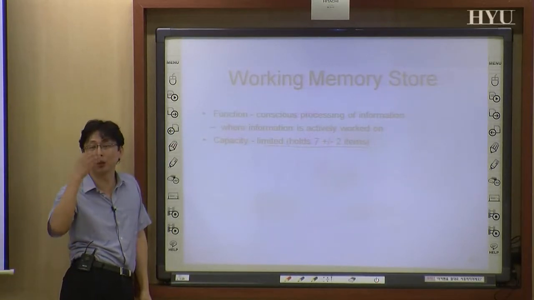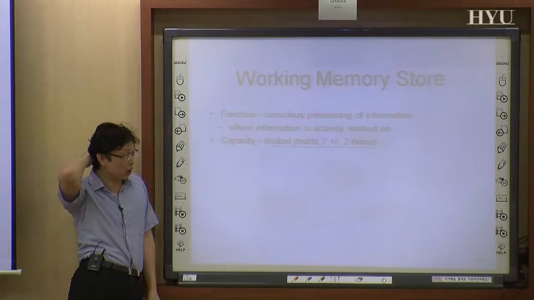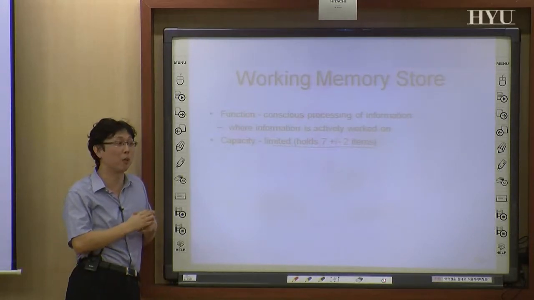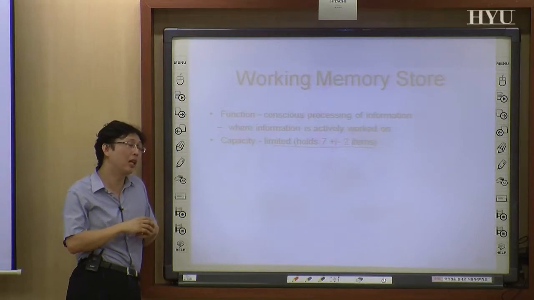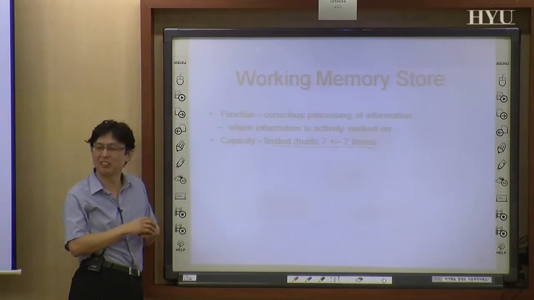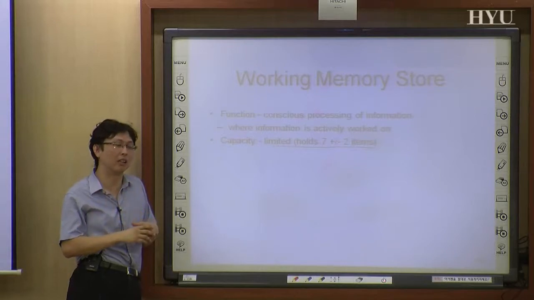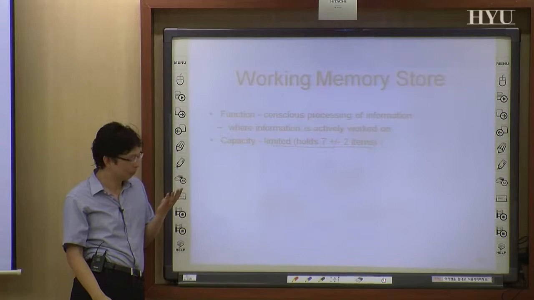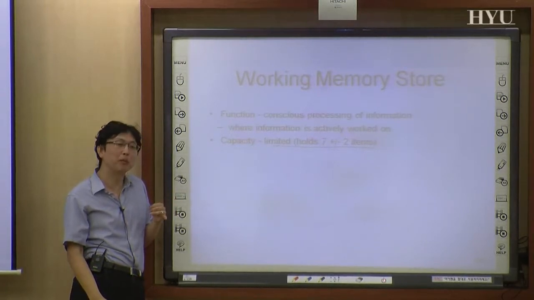Probably in your HCI course you heard about Miller's magic number 7, right? How many colors in the rainbow? 7. Is it really 7 physically? More than 7, isn't it? What about the musical scale? 7.